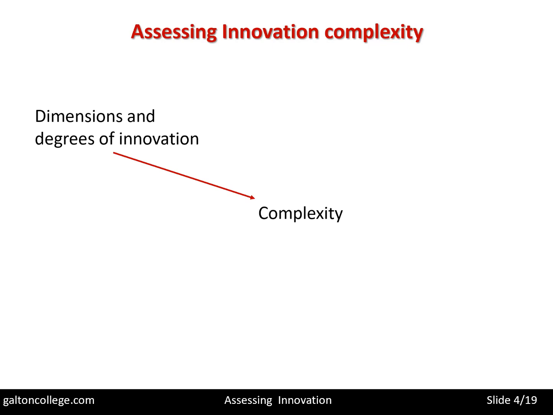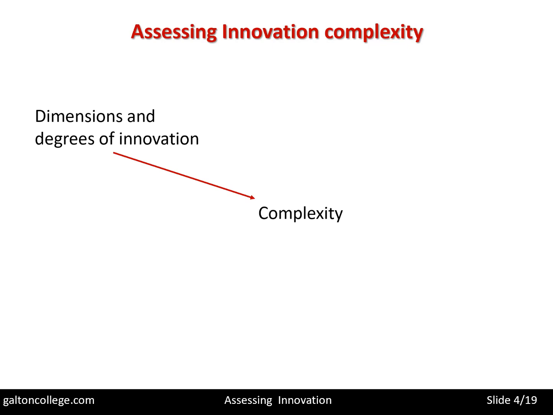It may be small changes. Sometimes it's quite radical. Sometimes it's a big change. And there are separate videos on the course about looking at different types of innovation and looking at ways of measuring it. In particular, there are models associated with this that you'll come across on the course.